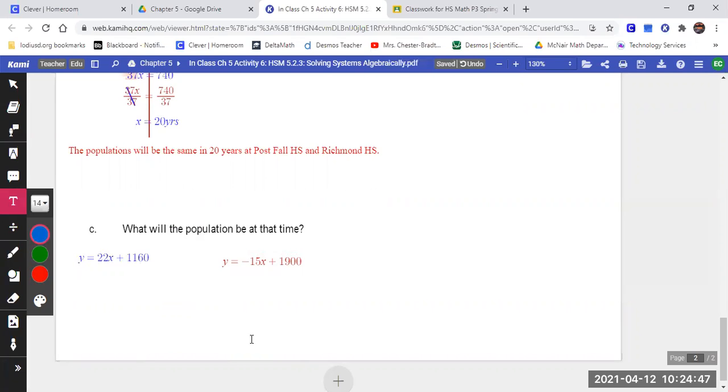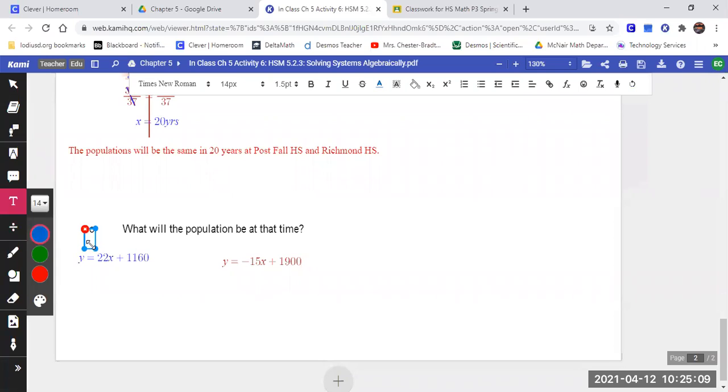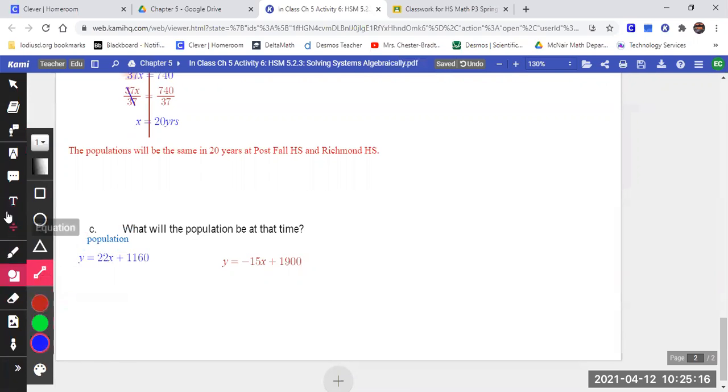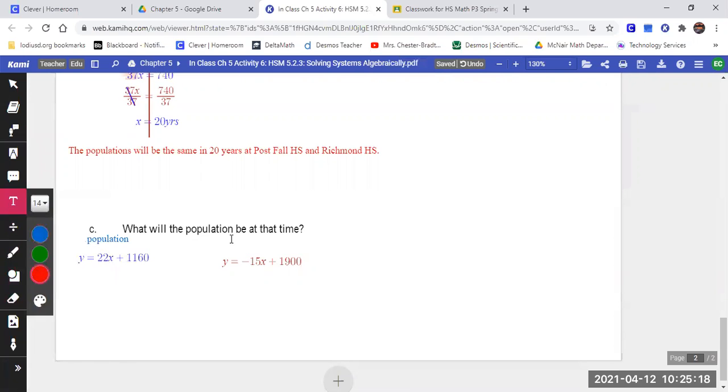We're going to use them both. It doesn't matter which one. Okay. So since no one's choosing, I will. This will be population. This one's going to be our check.